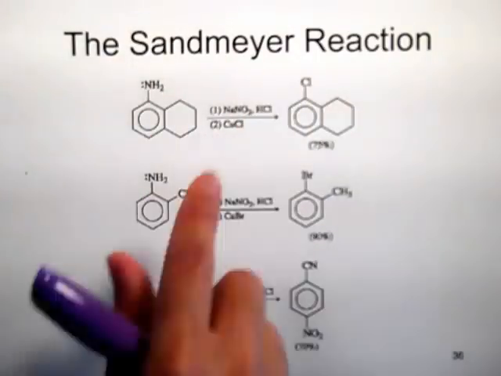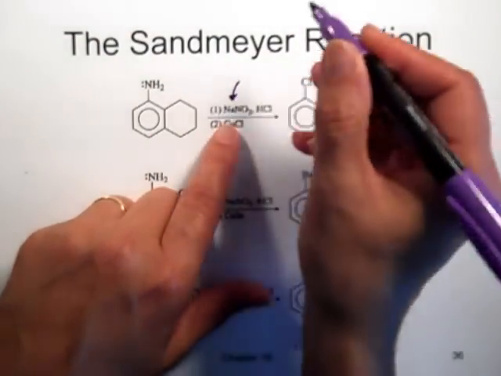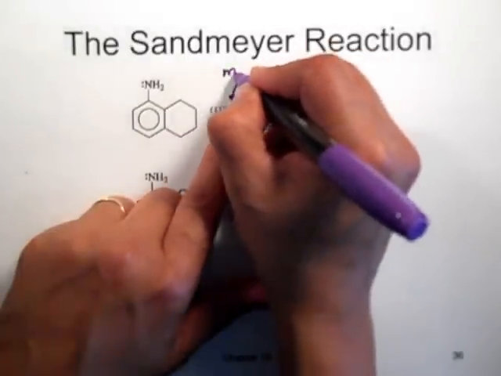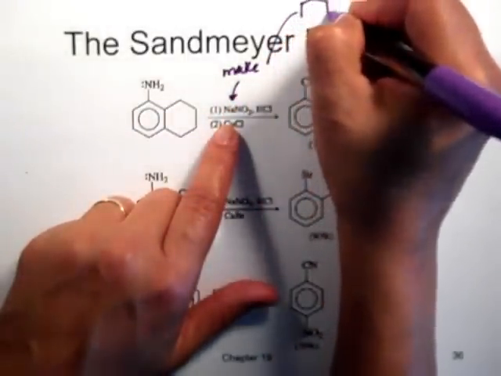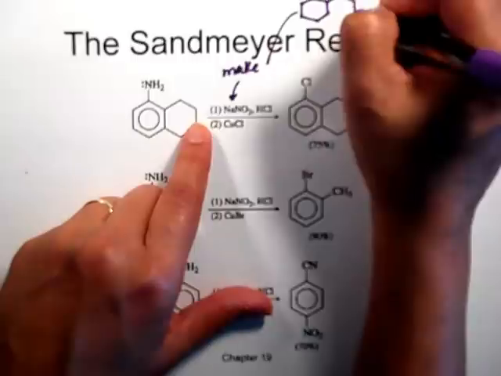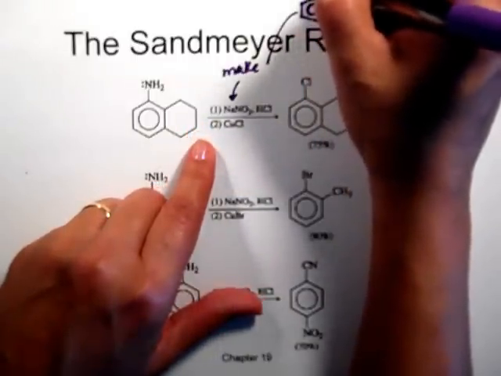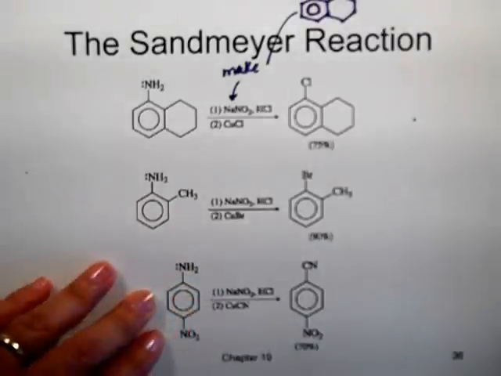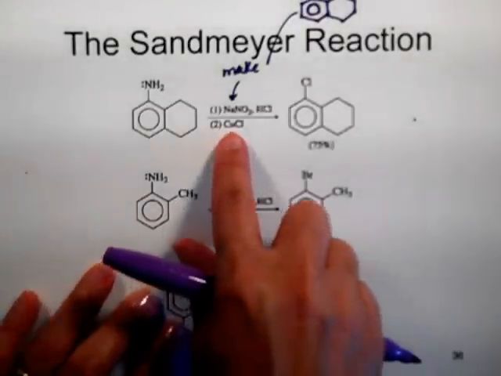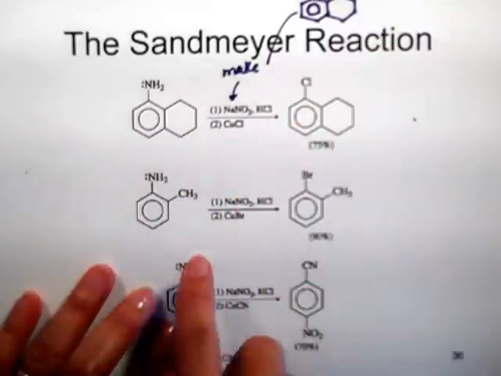All right, the Sandmeyer reaction. We react first with sodium nitrite to make the arene diazonium salt. So we're going to make this right here with this molecule. Only one ring is aromatic, so that would be the only ring that makes the arene diazonium salt. And with copper chloride, I can substitute the N2 for a chloride.